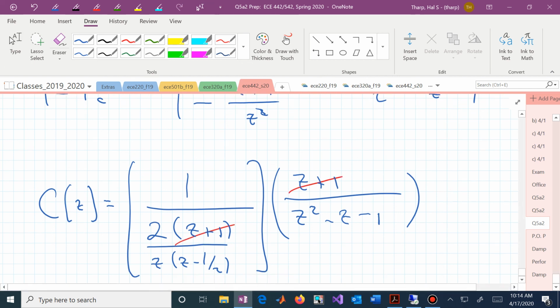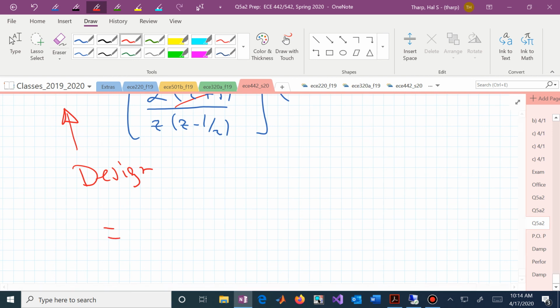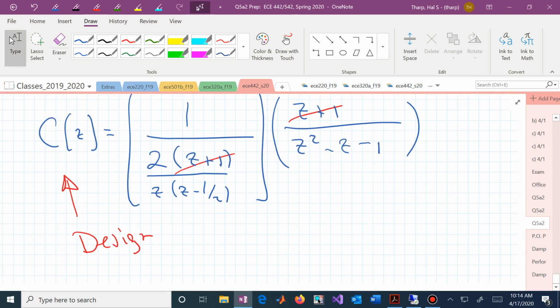That factor was now a cancellation on the unit circle. This is where we want those cancellations to occur during the design of our controller c of z, so that c of z is not going to possess this unstable factor that would try to cancel that in the plant g of z.